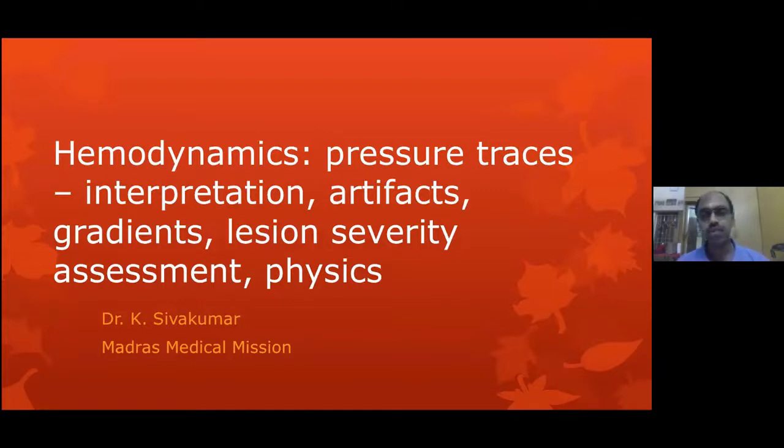The first session will be concentrating on how to interpret pressure traces, what are the possible artifacts, how to assess the severity of gradients, how to decide on lesion severity, and some physics involved in pressure traces.